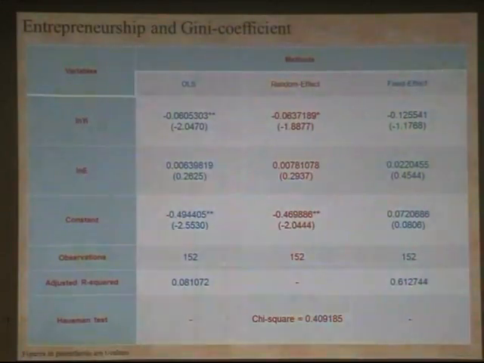For the second model, to measure the effect of entrepreneurship on income distribution, we use the same method as the first model. We can see that here the Hausman test is not significant, so we choose the random effect model. We found that entrepreneurship has no significant effect on Gini coefficient or income distribution.